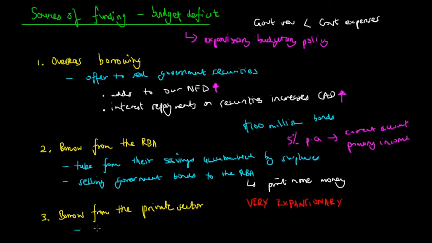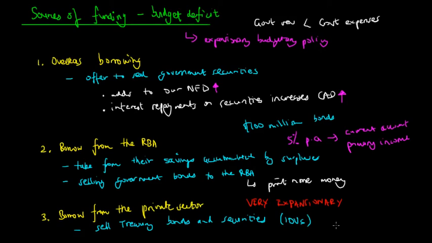So what they could do is they could again sell treasury bonds and securities. So essentially these are IOUs to the Australian public, saying, okay, if we can borrow, say, $100 million now, we will pay you back the $100 million plus interest in a year's time.